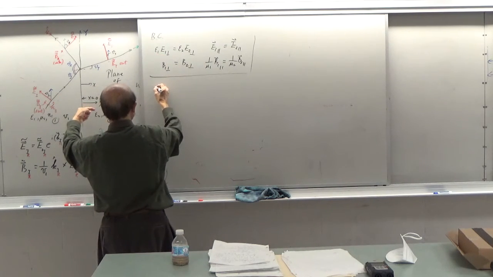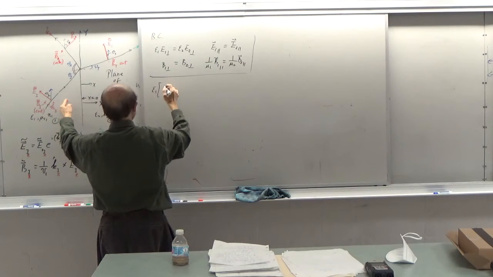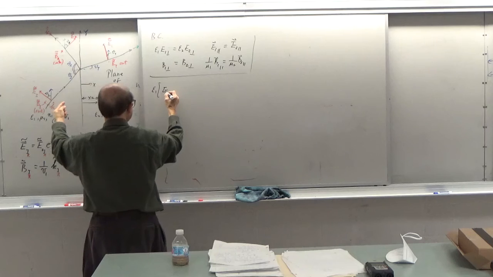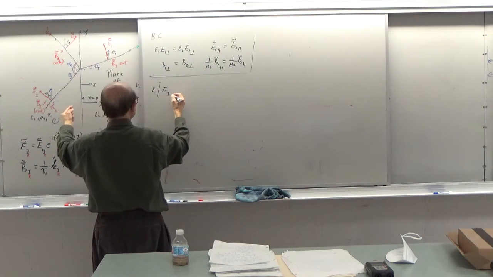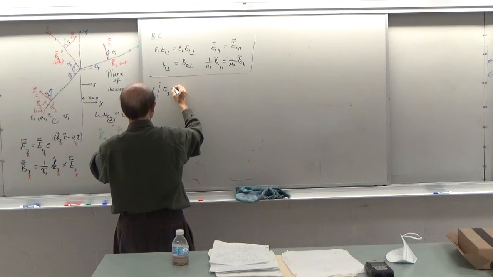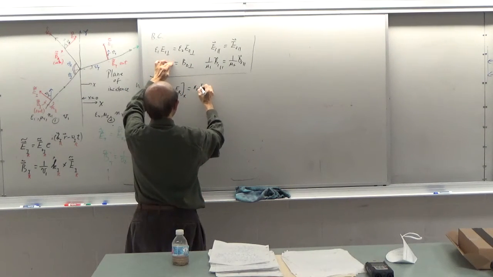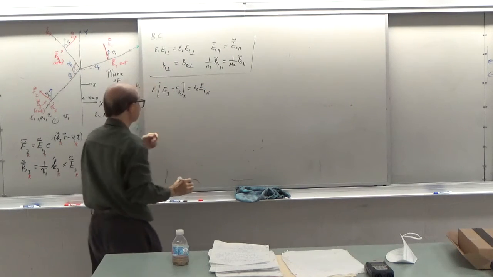So epsilon 1, in the first region, you have the electric field from the incident beam plus E R, the x components, equal to epsilon 2 times E transmitted along the x direction.